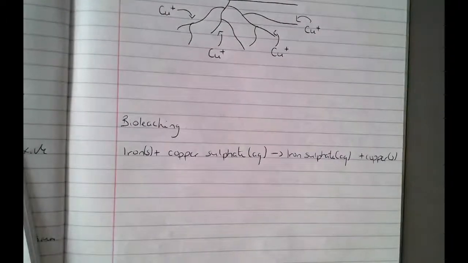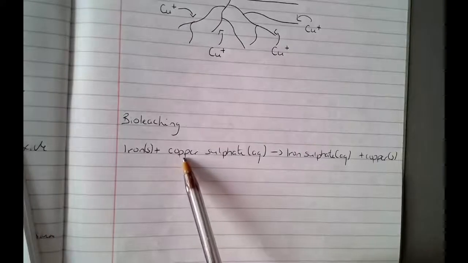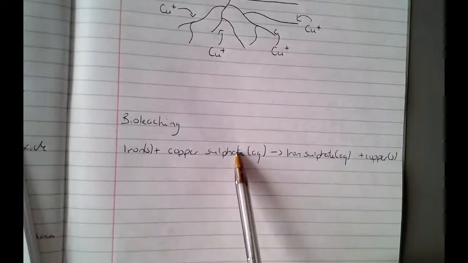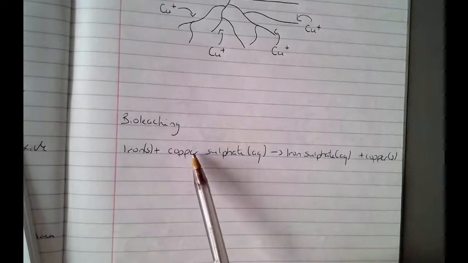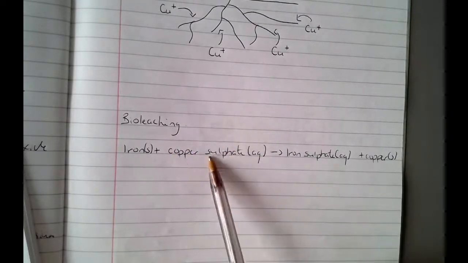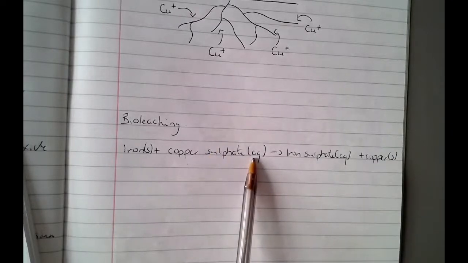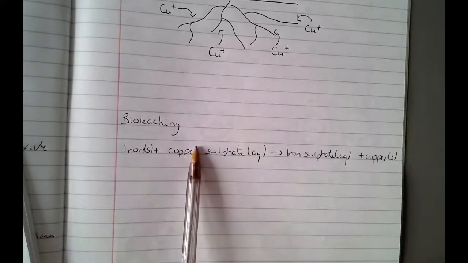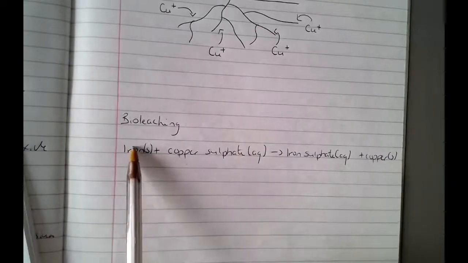I've got an example of a displacement reaction here. Let's say, for example, your bacteria broke down the ore and you produced a copper sulfate solution. Because there was copper metal in that ore, the bacteria broke it down and you end up with a copper sulfate solution. Because it's a solution, I'm using the state symbol aq. If I want to use a displacement reaction, I need a metal more reactive than copper. If I look at my reactivity series, I will see that iron is more reactive than copper.